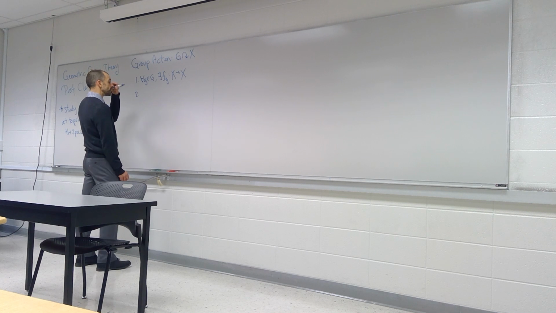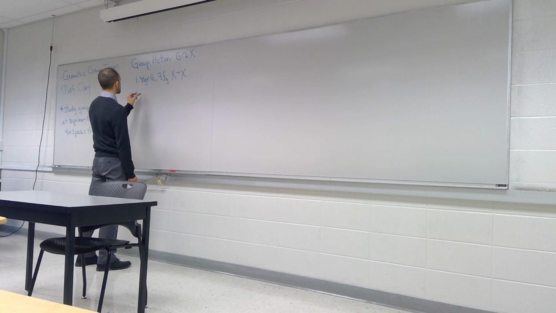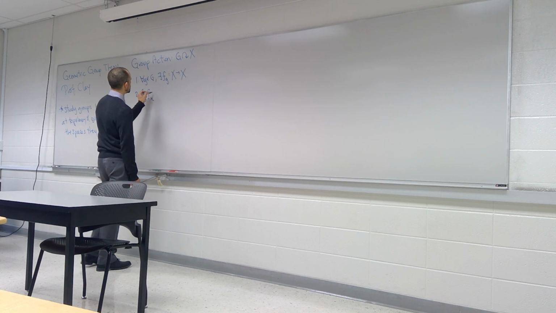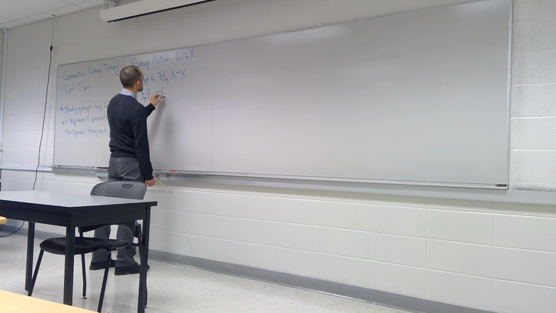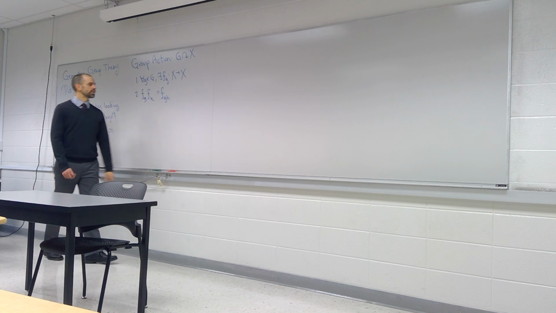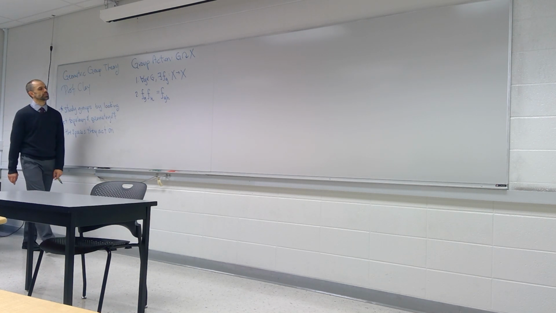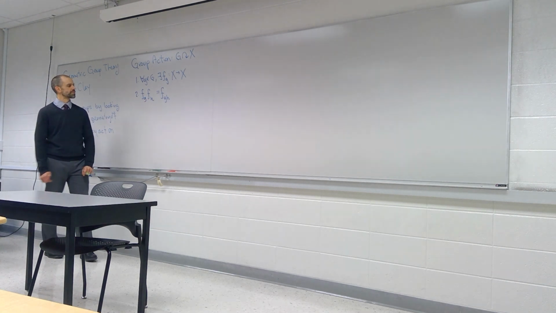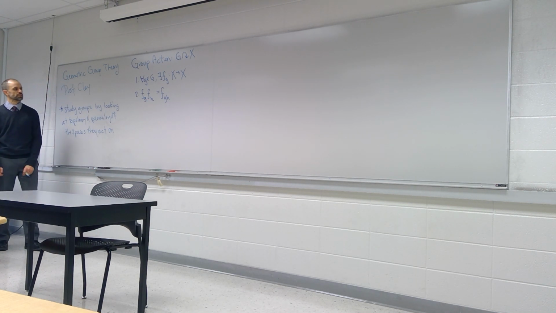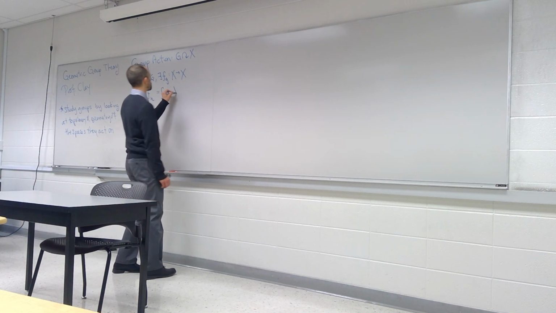So this assignment of maps for group elements should agree with the structure in the group. So composition of these functions should agree with the multiplication from the group. So I look at the function corresponding to gh. It should just be the composition of the function for g composed with the function for h, for all elements in the group.